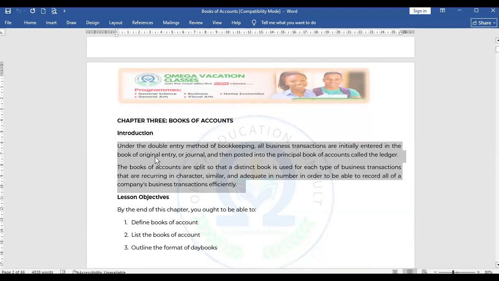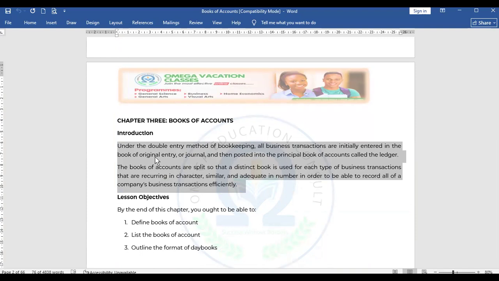Under the double entry method of bookkeeping, all business transactions are initially entered in the books of original entry or journal and then posted into the principal books of accounts called the ledger.